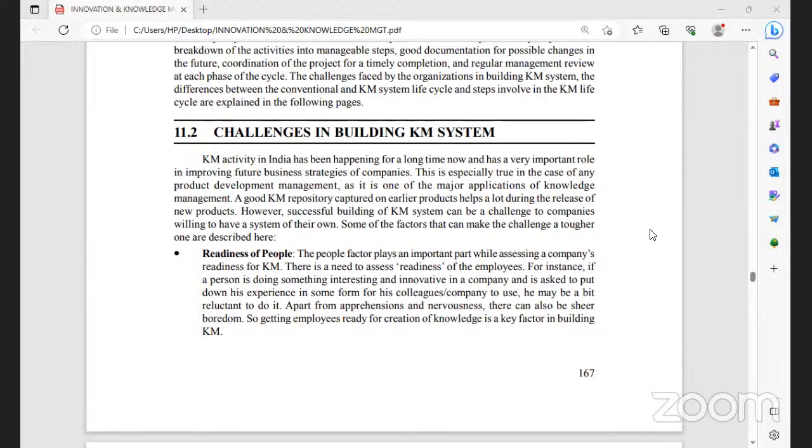A good knowledge management repository captured on earlier products helps a lot during the release of new products. However, successful building of a knowledge management system can be challenging for companies willing to have a system of their own. Some of the factors that can make the challenge a tougher one are described here.